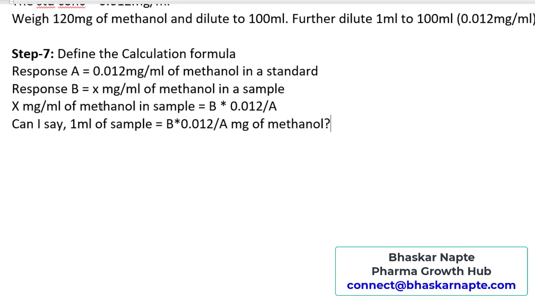Can I say this? Look at here now. What is the concentration of this X milligram of methanol? It is milligram per ml. It means per ml of the sample actually contains this X milligram of the methanol. And what is the value of the X? The value of X is B into 0.012 divided by A.